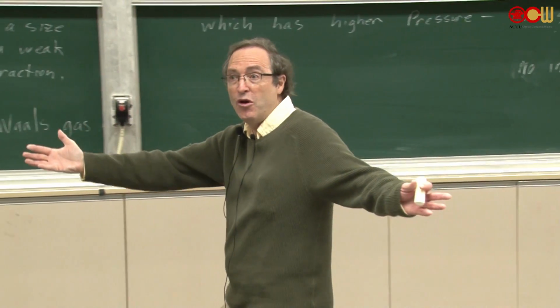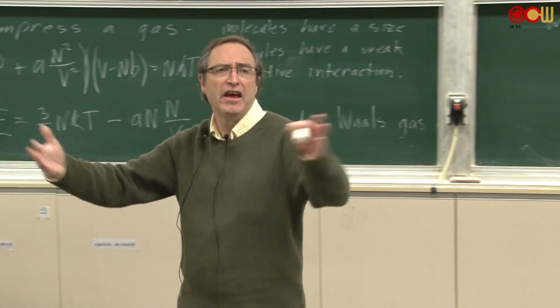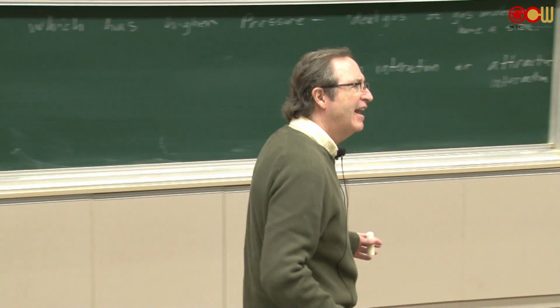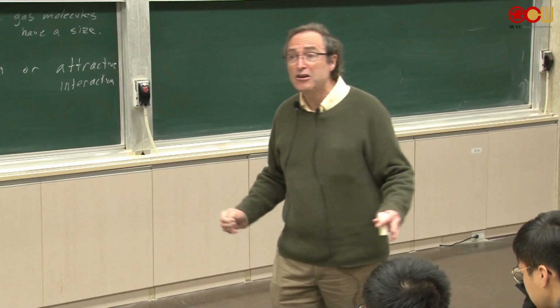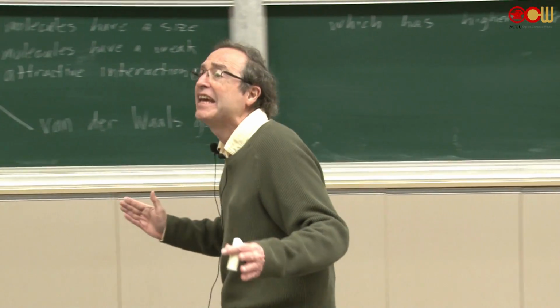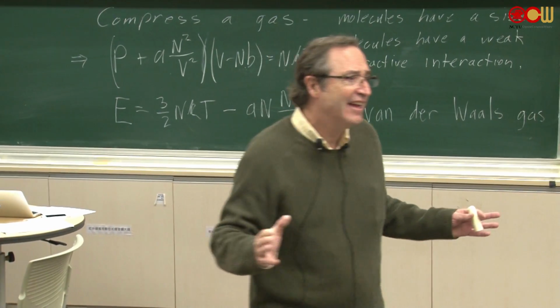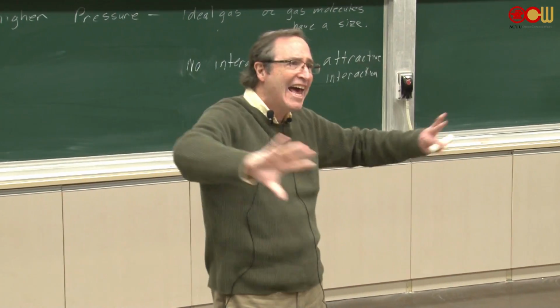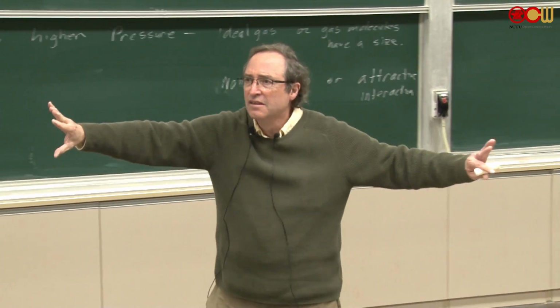Imagine yourself in a room. You don't interact. You just go about your way, and then you try and get out the door. But now imagine there's an attraction between you, and you're each hugging each other. Okay? So you're all together more, so you don't press out as much. All right?